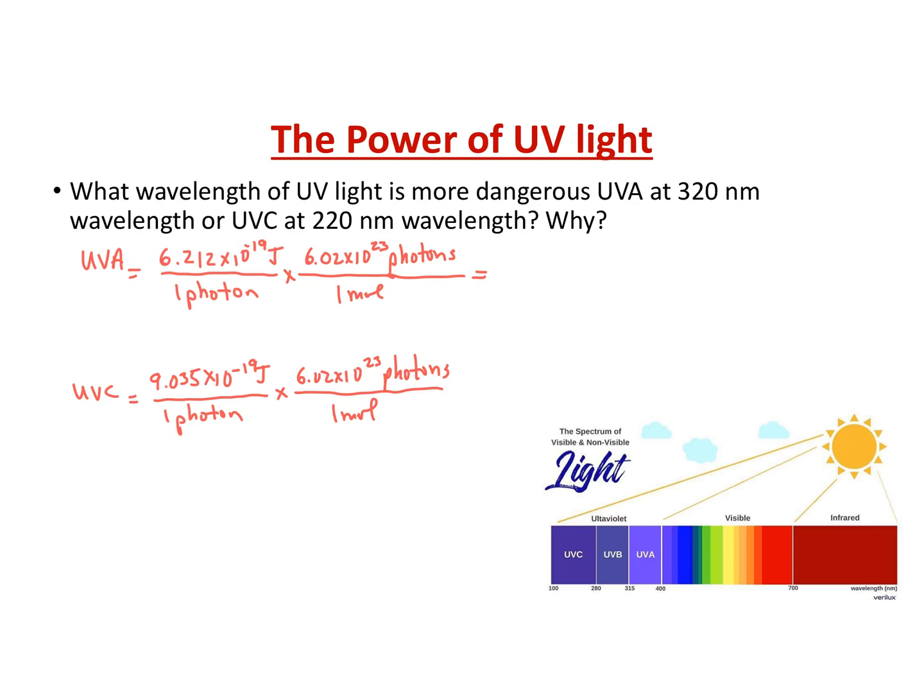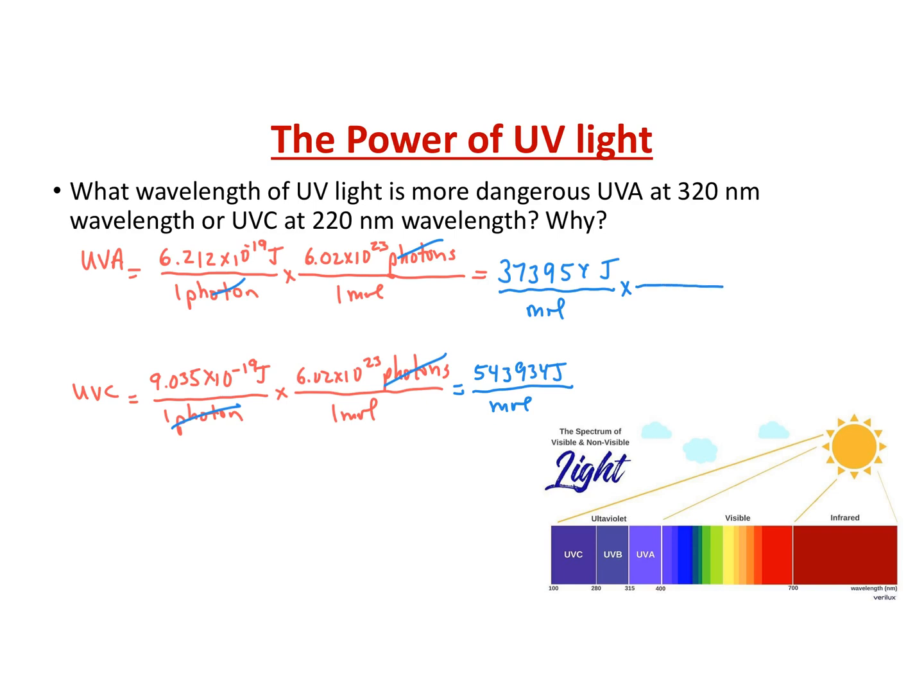So for our dimensional analysis, photons cancel out, and the energy in a mole of UVA is approximately 373,954 joules per mole. And when I do the calculation down here for UVC, I come up with about 543,934 joules per mole.